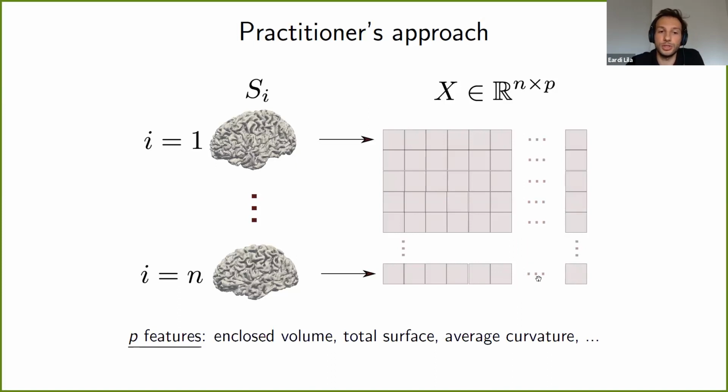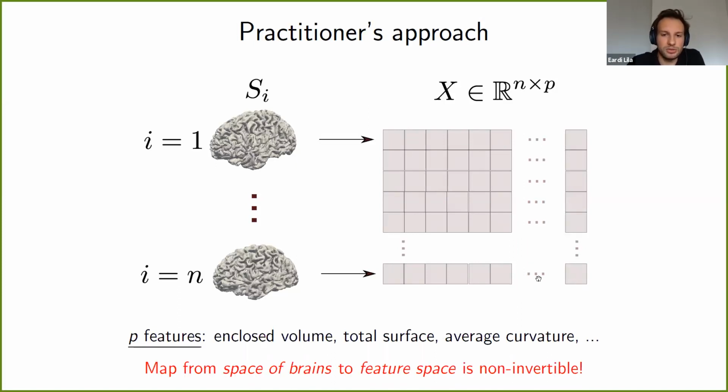This is not what we do, though, because there is an issue with this, which is a bit more abstract. This map, the map from brain to features, a bit like the word to vectors type of thing, in this case a shape to vector type of mapping, is non-invertible, which means once you have these features, you've lost information and you are not able to go back and see what brain is associated with those features, right?